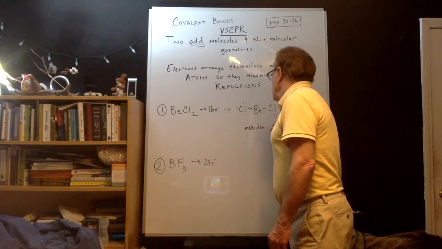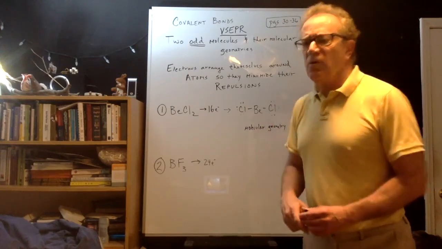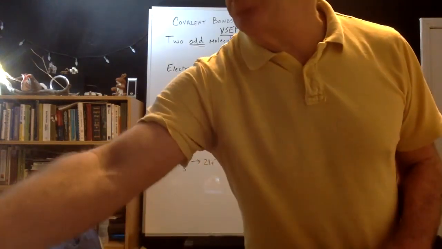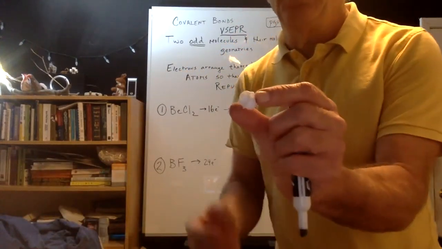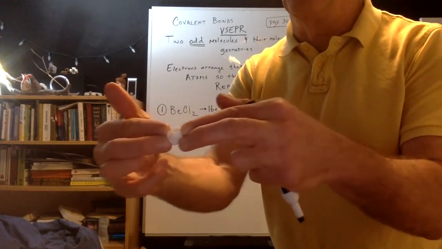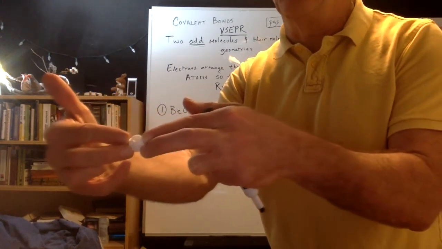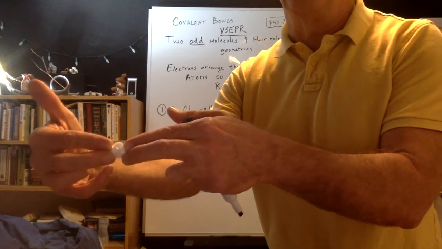And once again, that's because if you have 2 pairs of electrons around a central atom, so if we just choose this as our atom, for them to be as far apart as possible, they're just going to be 180 degrees separated from each other. So they'd approximately be where my fingertips are.